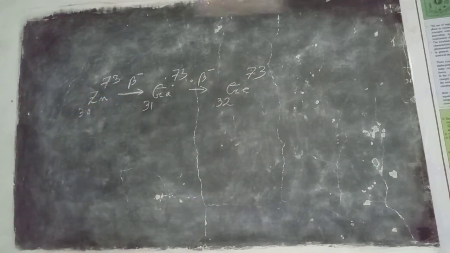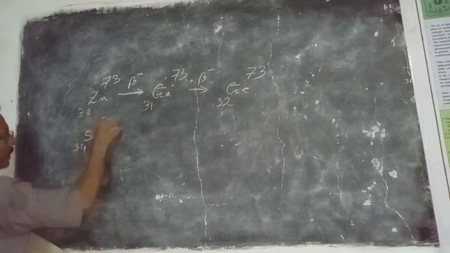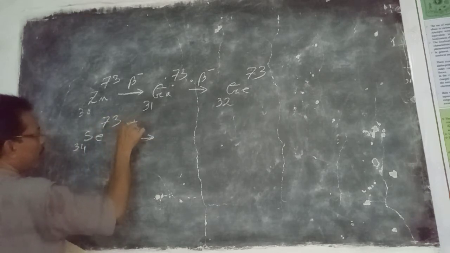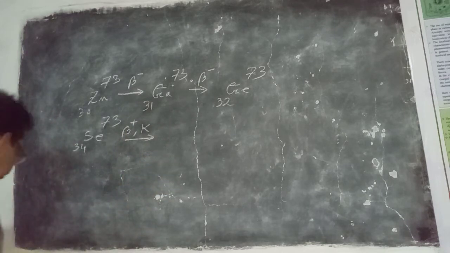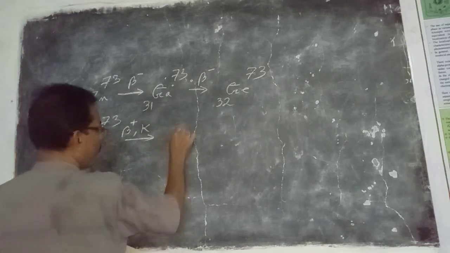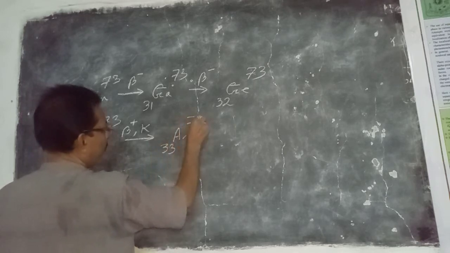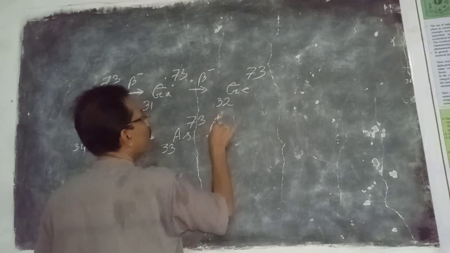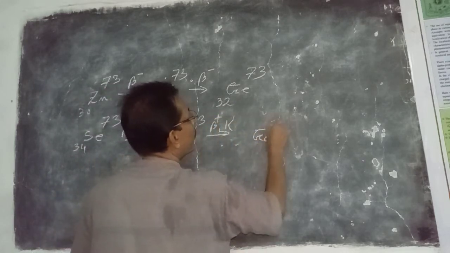And on the other hand, on the other part, you get 34, 73, either positron emission or electron capture represented by K. You get 33, 73, and finally it comes to this germanium.